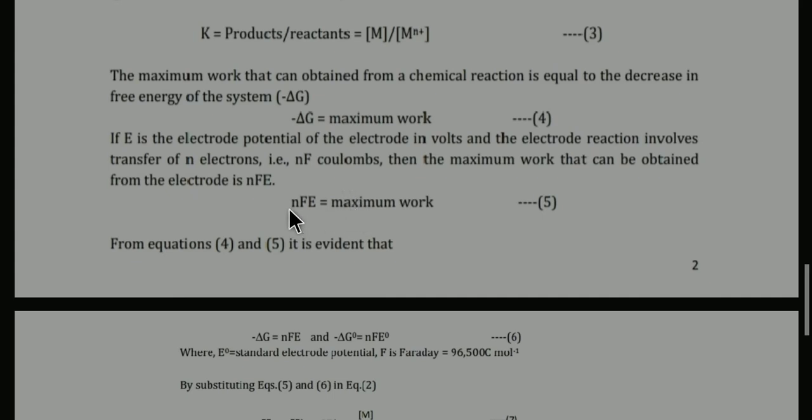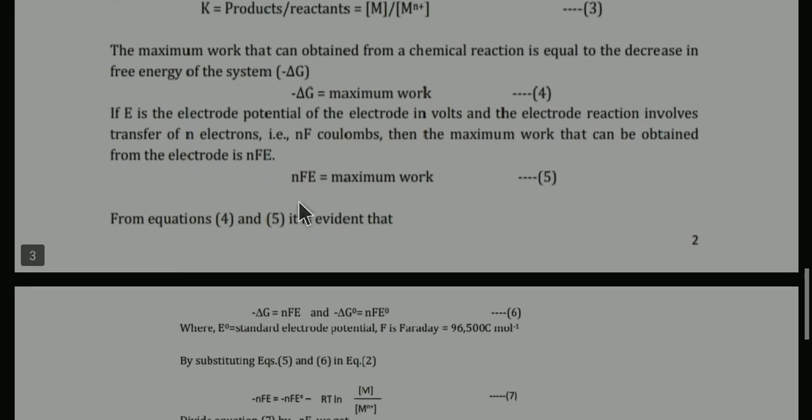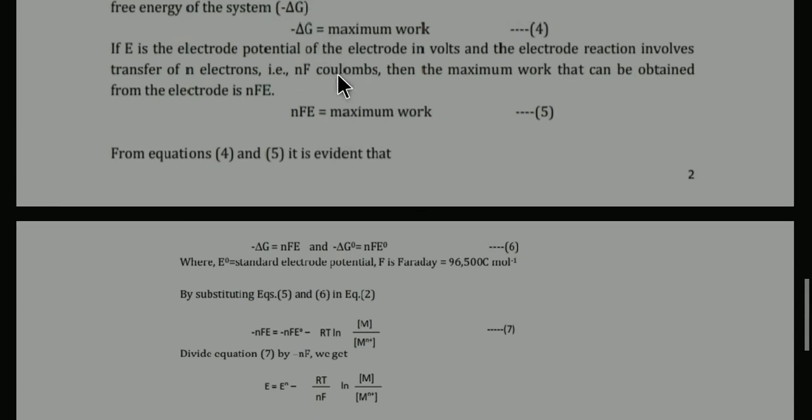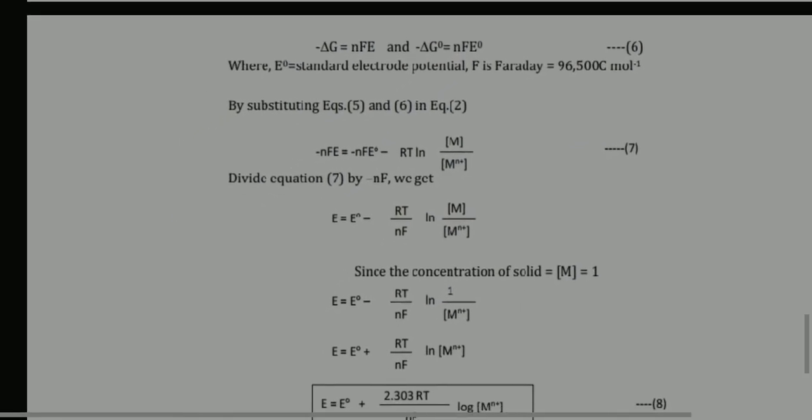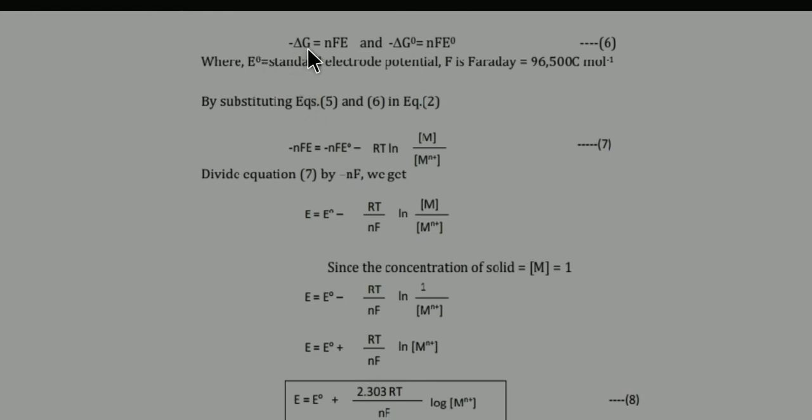Considering equations 4 and 5, we get minus delta G equal to nEF, which I have written as equation number 6. This is at normal conditions, and at standard conditions you have minus delta G naught equal to nF E naught.